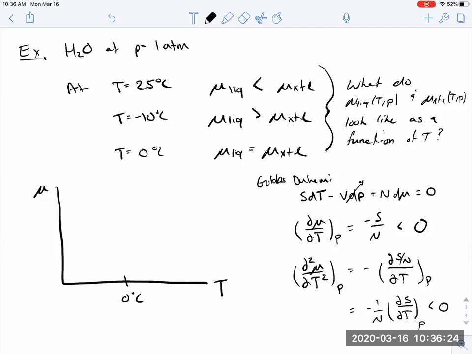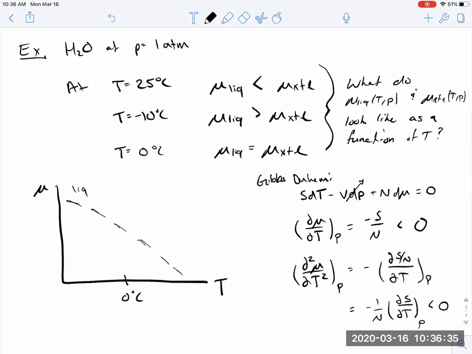So if we were to, for example, make a couple of these curves, let's say that this is the chemical potential for the liquid, decreasing, negative curvature, albeit slight. Maybe this is the chemical potential for the crystal. Okay, we'll just draw this back in.